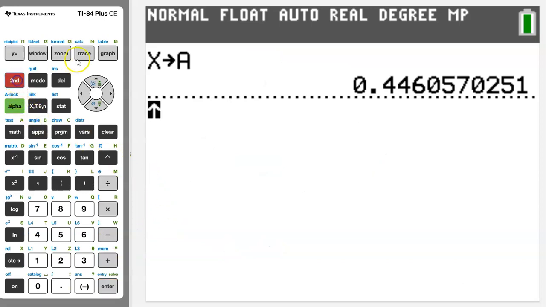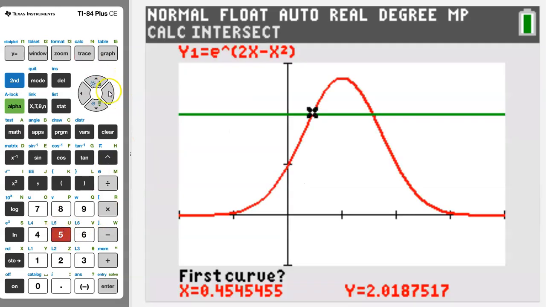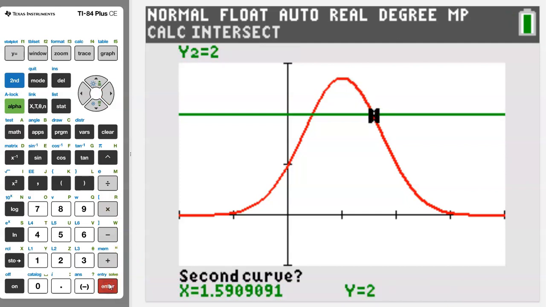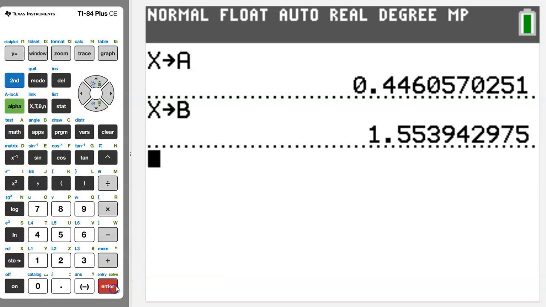So hit second trace again, intersect. Move the pointer close to the second point of intersection and hit enter. Just hit enter again and hit enter a third time. Let's store this into capital B. So second quit, X, store, alpha, B. Let's write this down: 1.554.